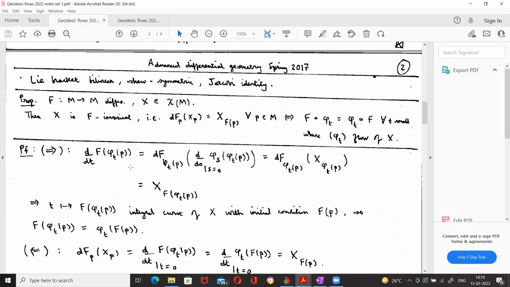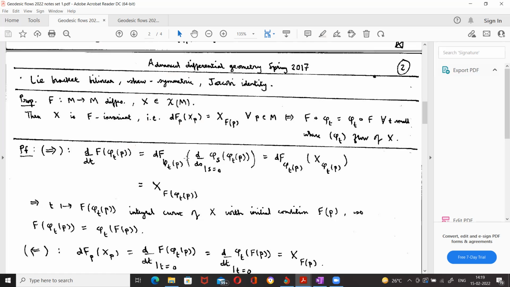What we do is we look at the curve f composed with phi t of p, and we will show that this is an integral curve of X. So we look at its derivative, its tangent vector. By the chain rule, d/dt of f of phi t of p will be df at the point phi t of p applied to the tangent vector of the curve phi t of p.